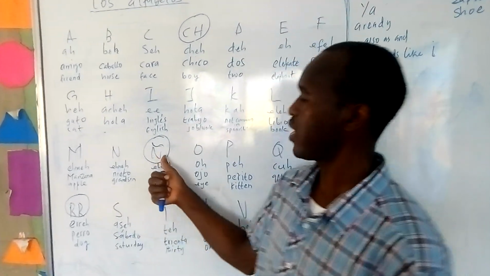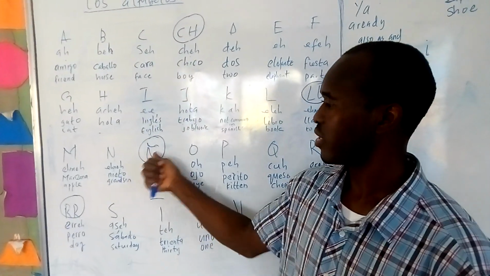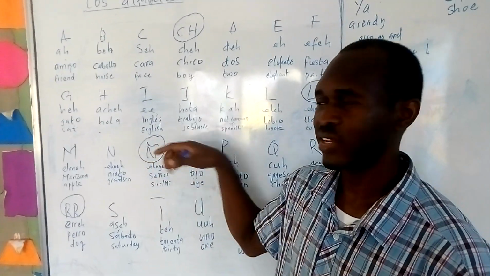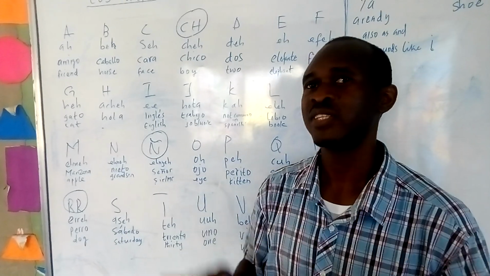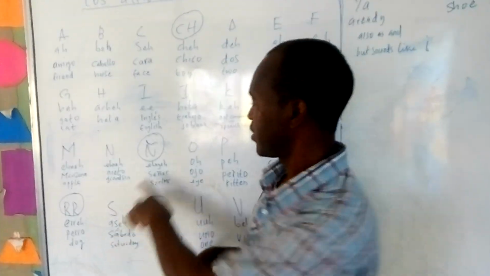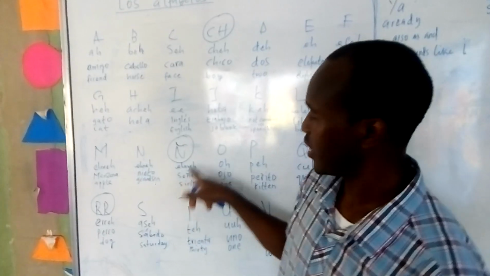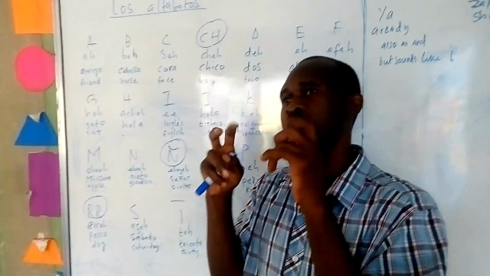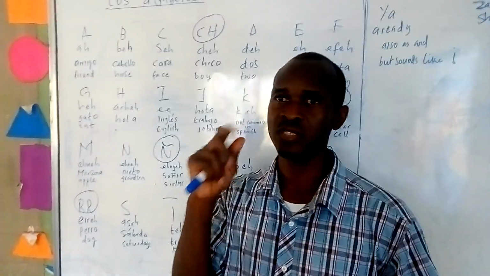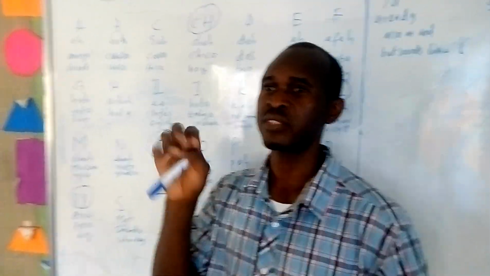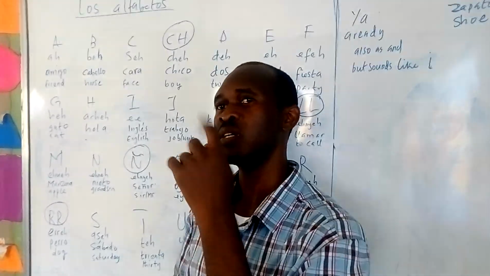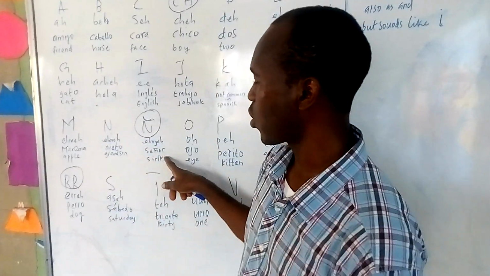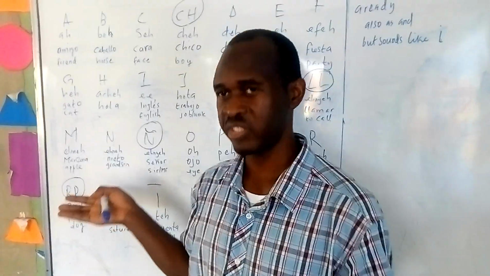Then you have the ñ, this letter is ñ. The tilde there makes it very unique to Spanish, of course. So a word like señor is produced like the N in onion. Señor, which is sir or mister.